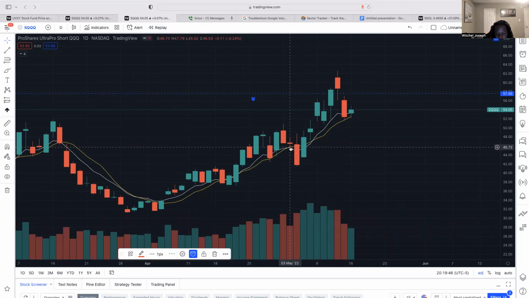The 9 is the slower one, and the 8 is the faster one because it's a shorter time period. So you want the faster one to cross the slower one, and that's the ultimate entry.